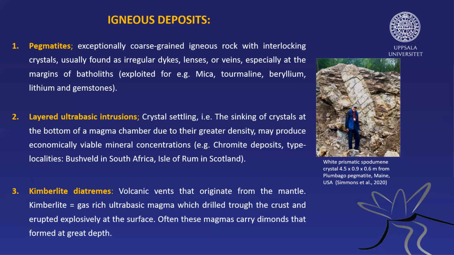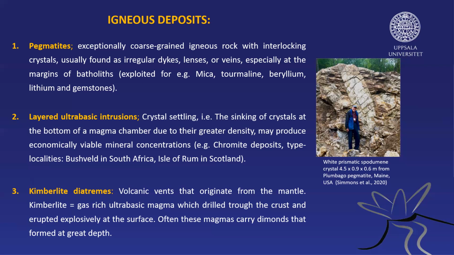Finally, the last type of igneous deposit, kimberlite diatremes. Diatremes are volcanic vents. They are funnel-shaped, and the kimberlites are a very rare type of magma, and we think they originate from the mantle.